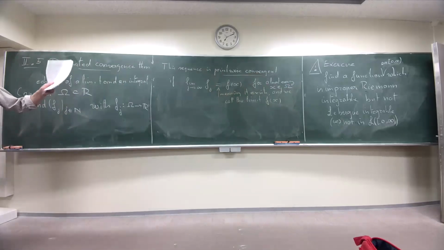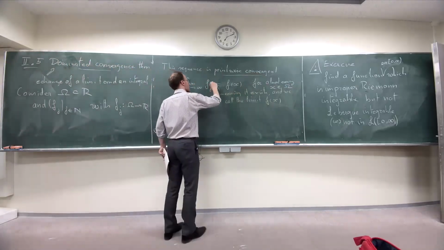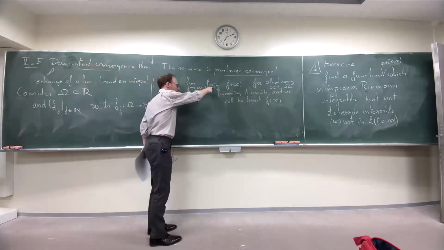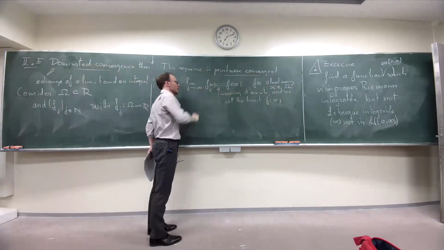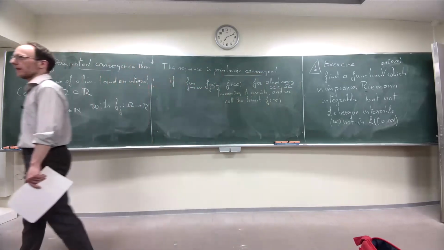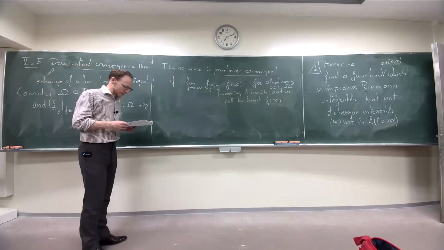Sorry, I have to put an x here. You take an x, you compute f_j(x), and this limit has to exist almost everywhere. Okay? So for almost every x. This is the notion of pointwise convergence. Pointwise means you do it at every x, or almost every x.